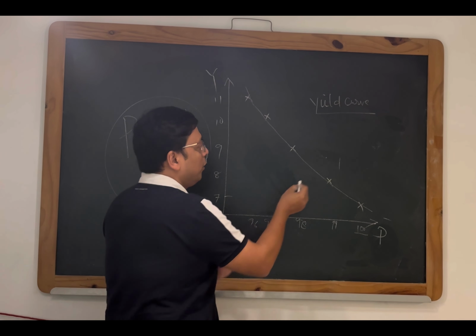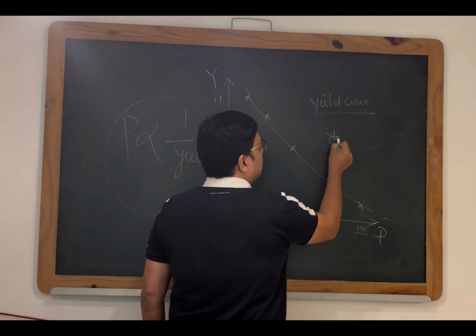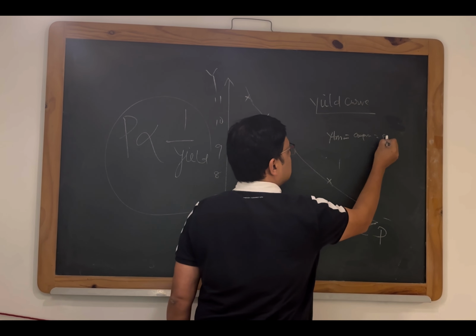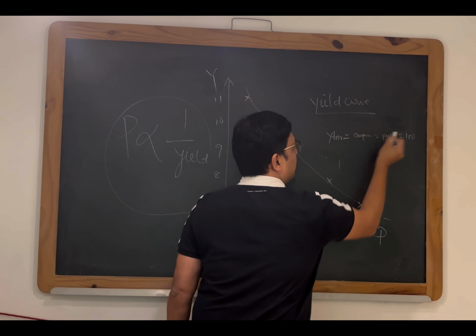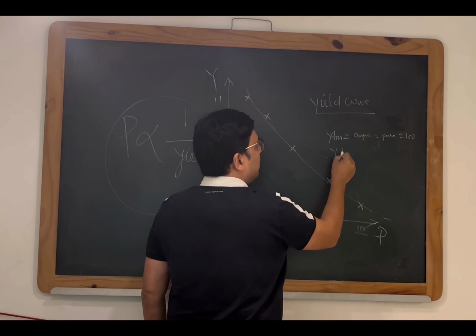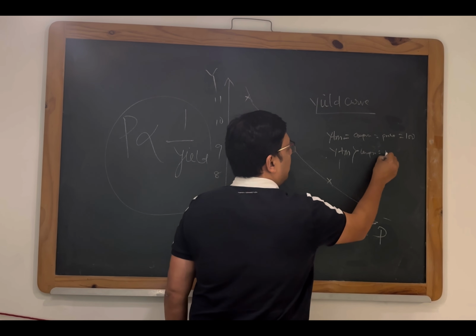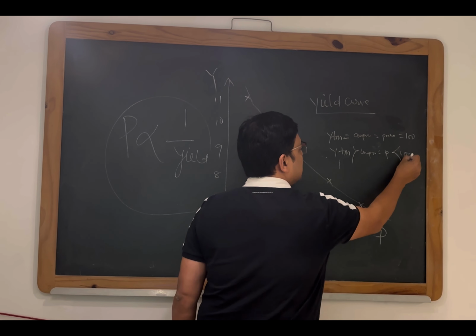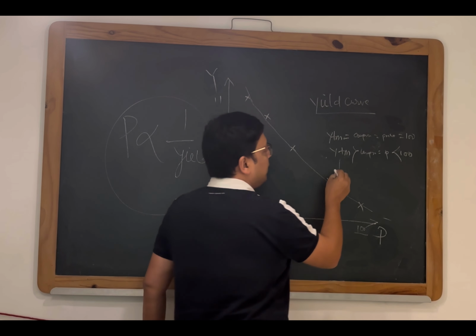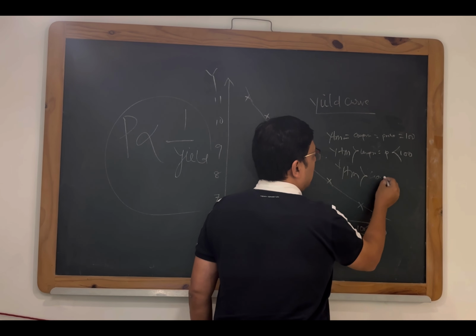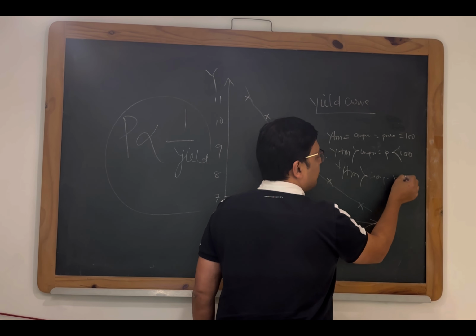If the current YTM is equal to the coupon, then the price is equal to 100. If the YTM is more than the coupon, then the price is less than 100, that means it's trading at a discount.